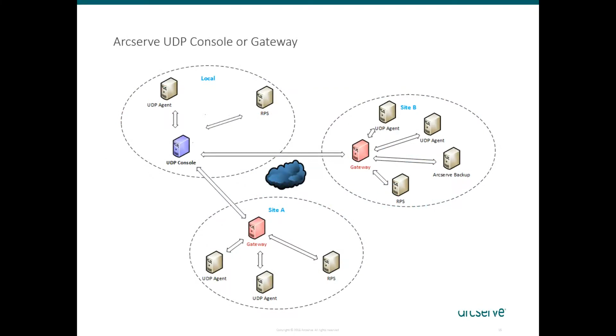Another component is a gateway component. As I mentioned, the console, as you see in the upper left, can be utilized to manage an environment, but it requires additional resources like a SQL database. You may lack resources in other sites, so we can deploy gateways as a way of managing these other sites that have non-point-to-point connections.